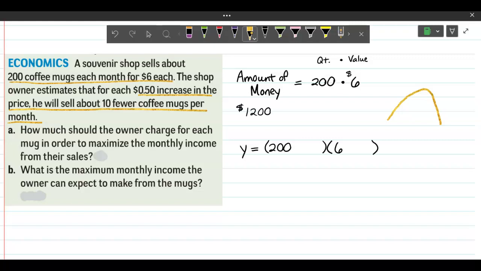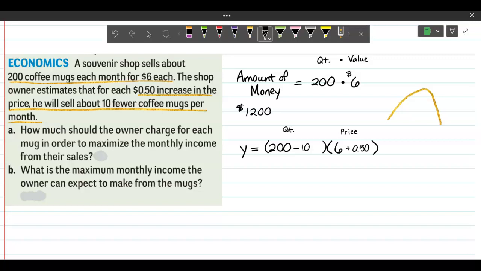What we know is going to happen is that we are going to increase the price. So remember, price is over here. We're going to increase that by 50 cents. Every time we do that, we're going to sell 10 fewer mugs. This is our quantity over here. So it's dropping. Now, we're not going to just increase it once.